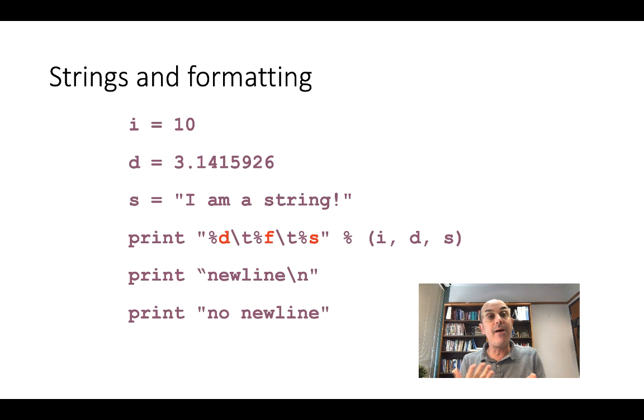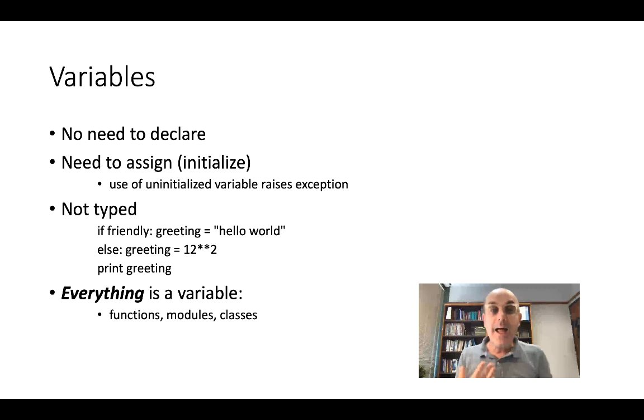So for a string and format, i is equal to 10, d is equal to 3.14, s is equal to "I am a string", print, as I can show you, and print new. You always have quotation marks in order for it to understand what it is. Variables do not need to be declared, they need to be assigned.